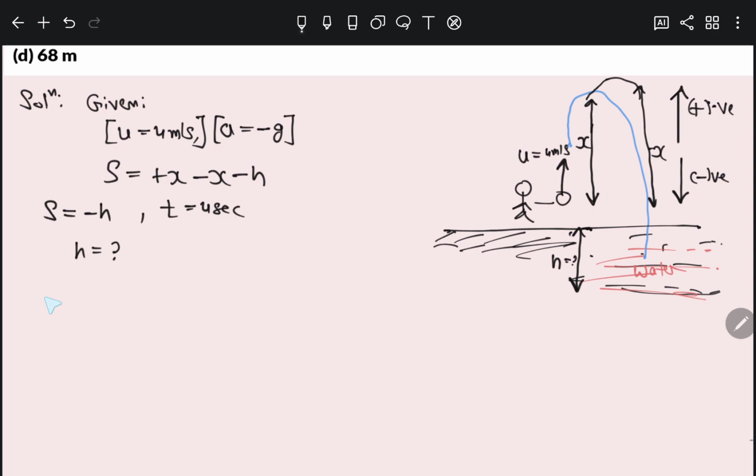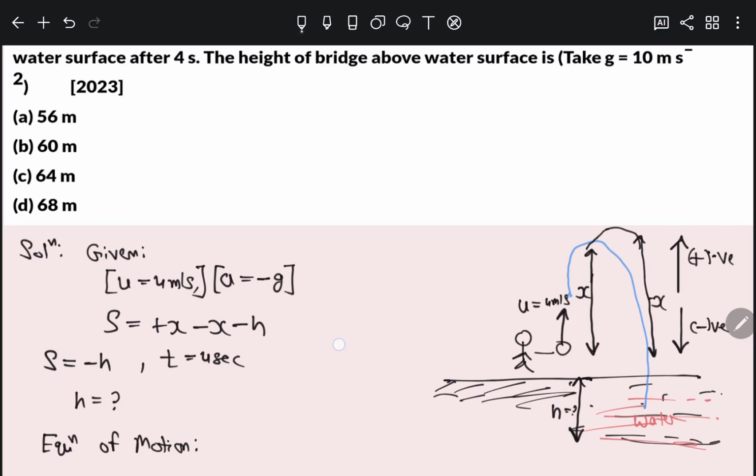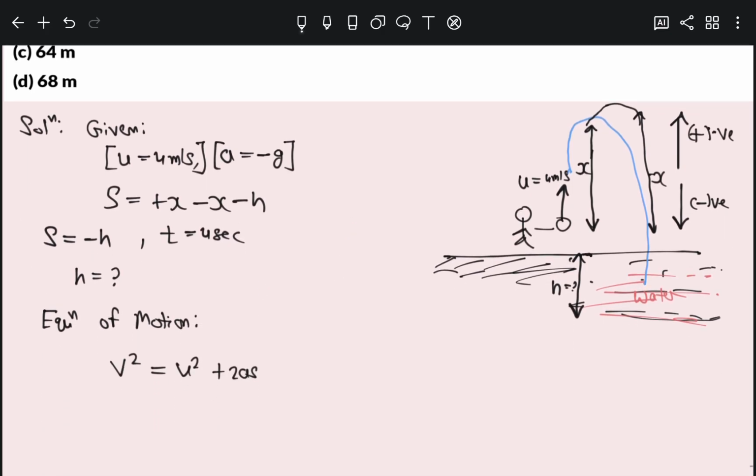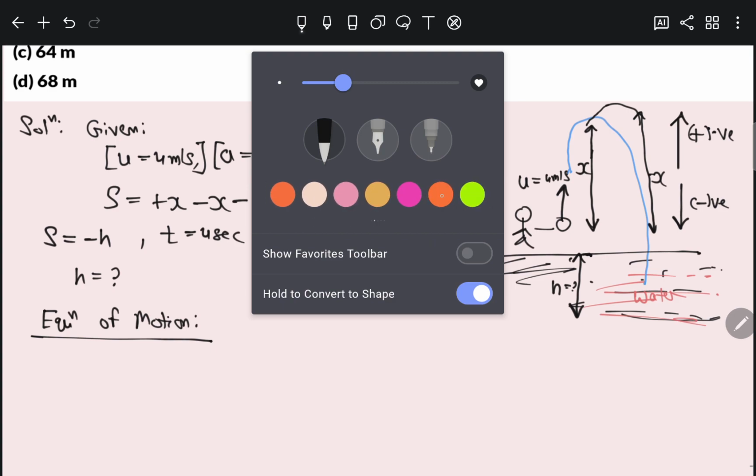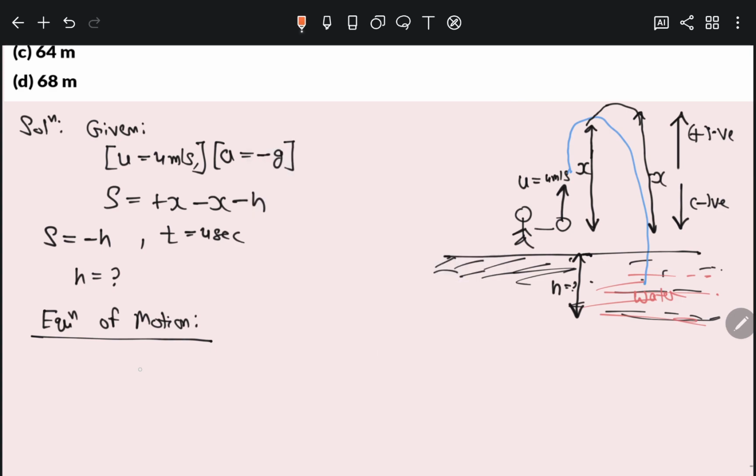We have the information, so we can use an equation of motion. We know v square is equal to u square plus 2as, but here time is given, so we cannot use this equation because we cannot include time in it. So we use s is equal to ut plus half at square.